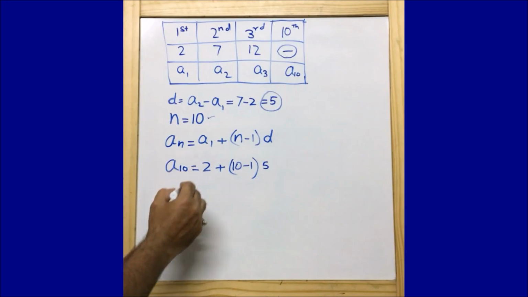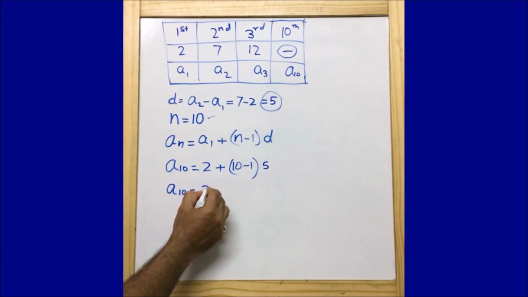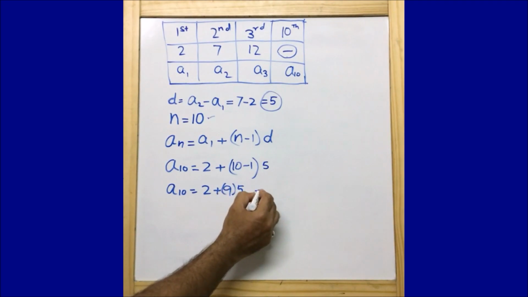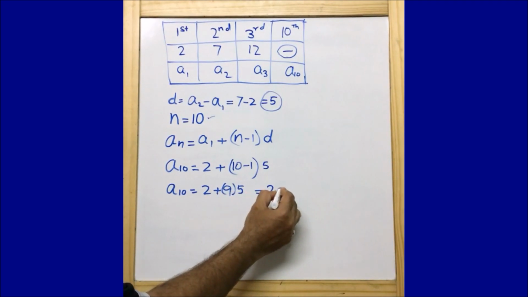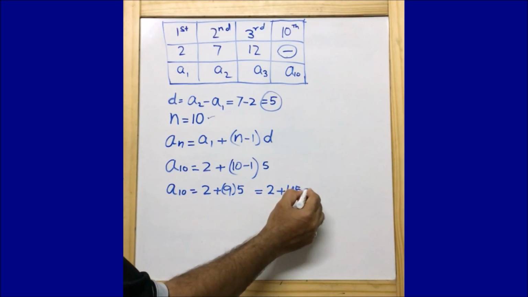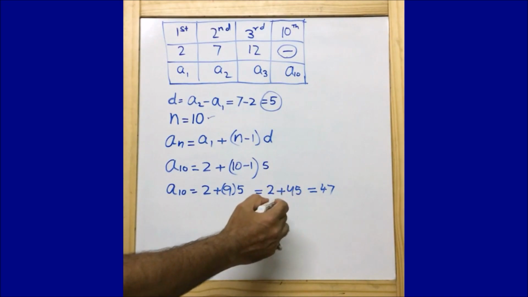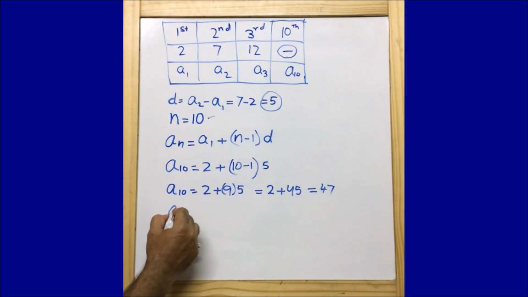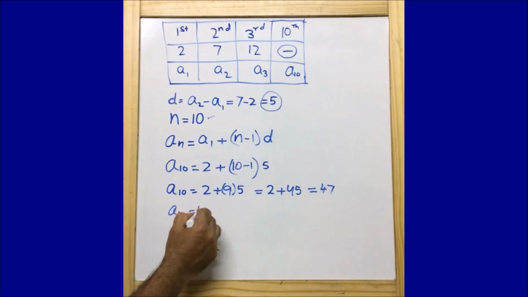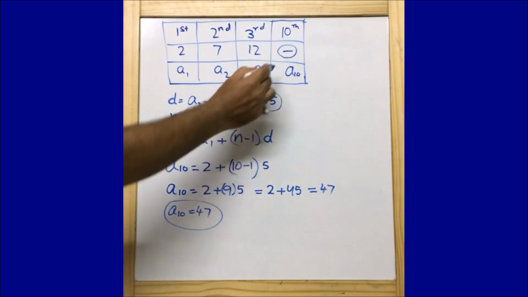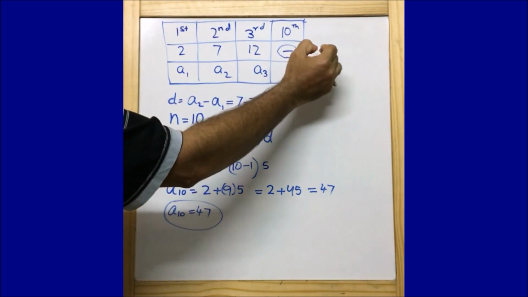Now solving this equation, we are getting a10 is equal to 2 plus 9 into 5, that is equal to 2 plus 45, that is equal to 47. So guys, we got the value of a10 is equal to 47. This is one of the data that will be required.